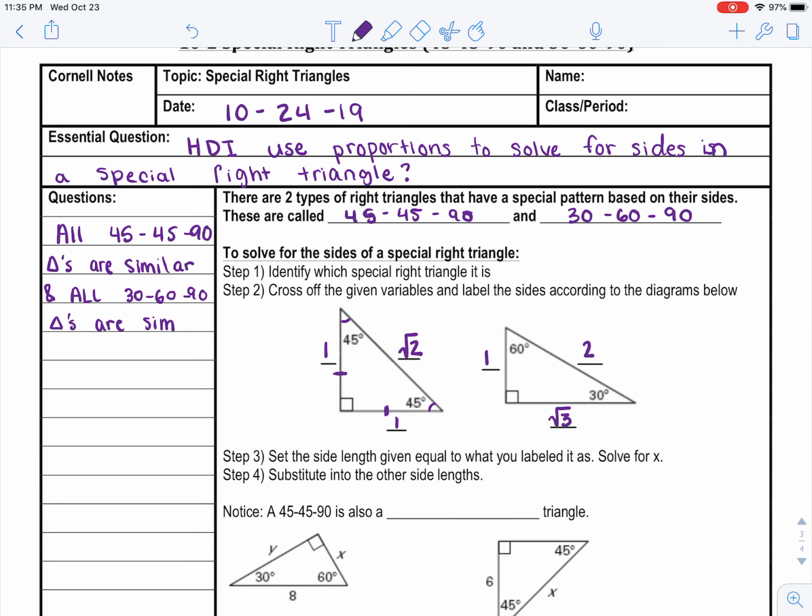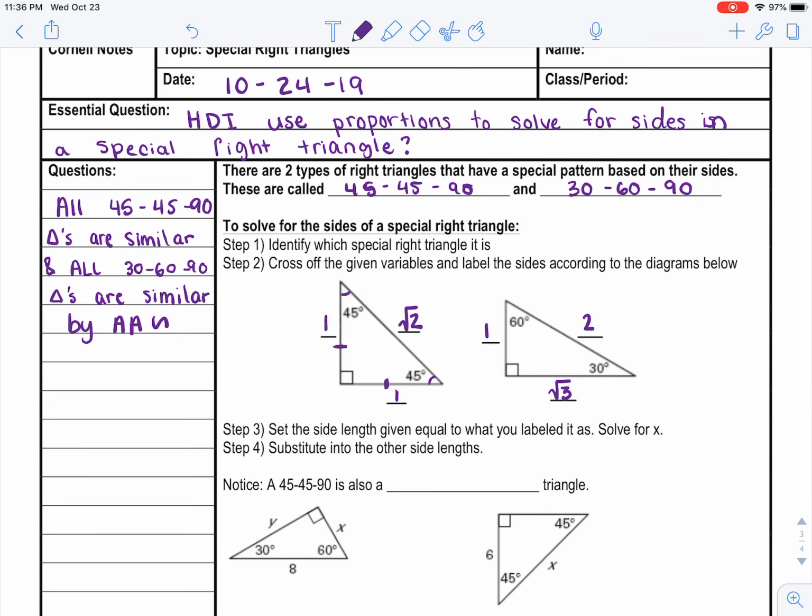If we know they're similar by angle similarity, then we also know that similar means congruent angles and proportional sides.